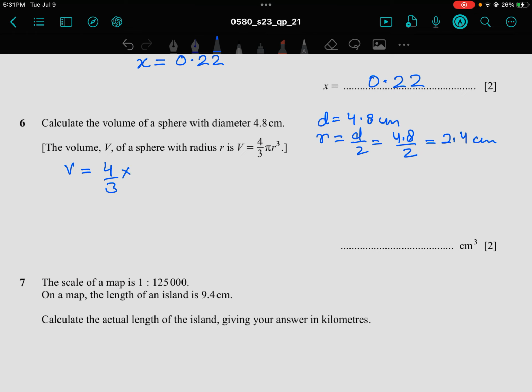into pi, the value of pi is 3.14, into r cube, that is 2.4 whole cube.